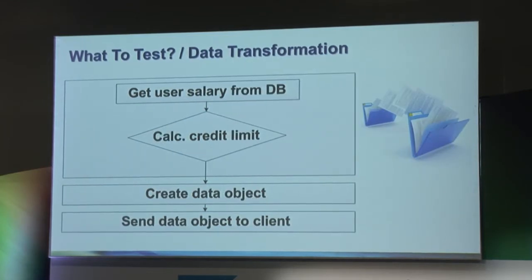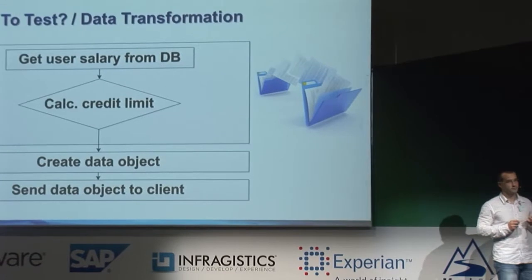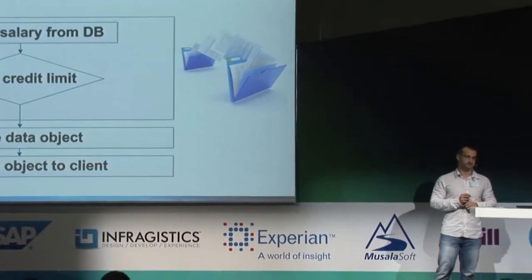Next, data transformation. When we execute our query, we get a result from the database. But to this result, we need to add some additional fields before we send it back to the client.